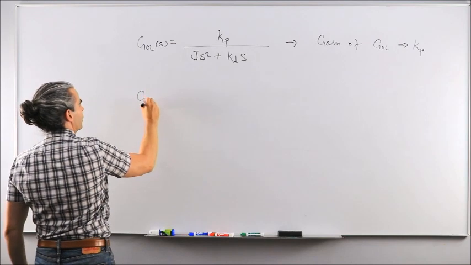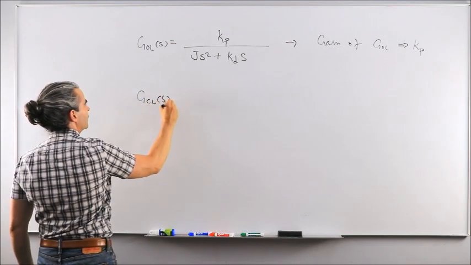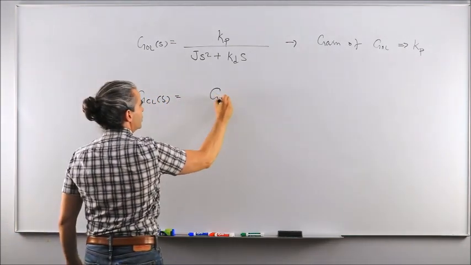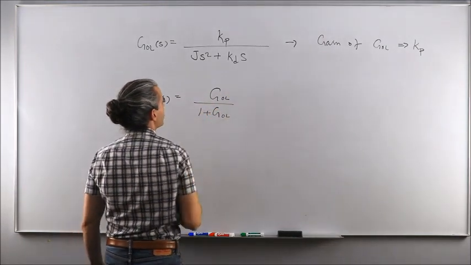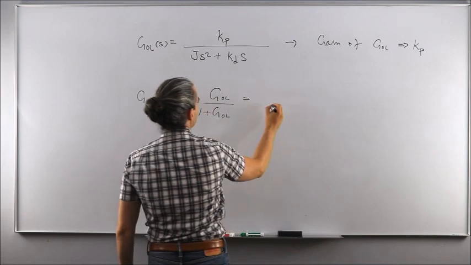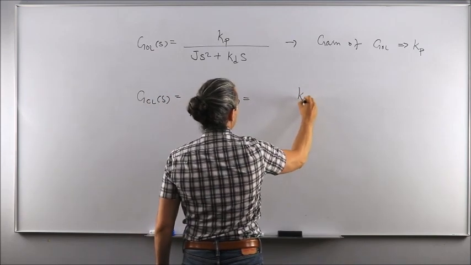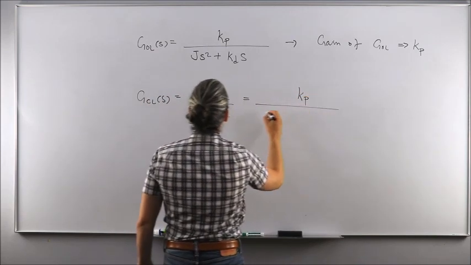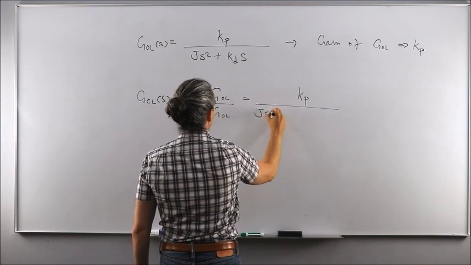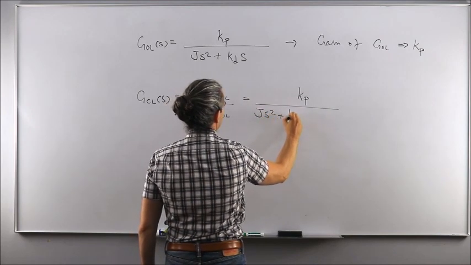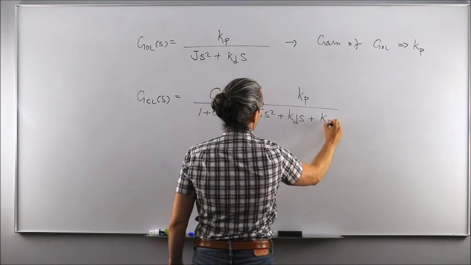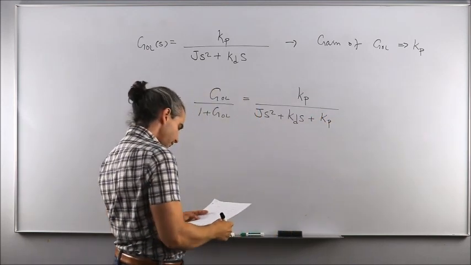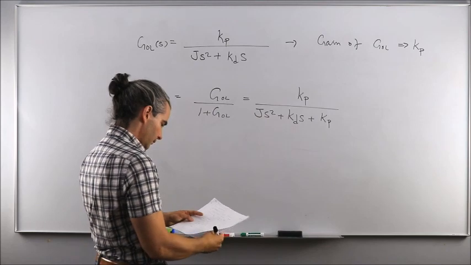That is because the closed loop transfer function is obtained, as you know, with G open loop over 1 plus G open loop, which would give you Kp over Js squared plus Kds plus Kp. Okay?